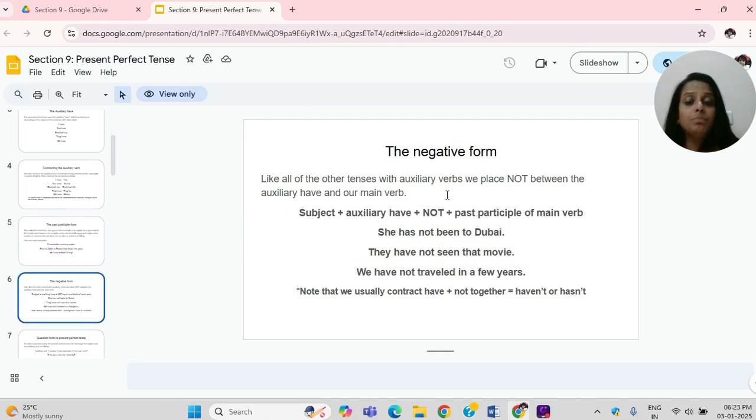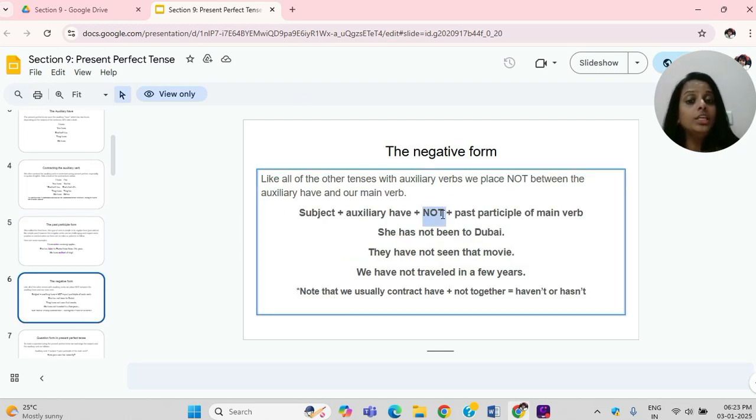And let's see how to make negative sentences using present perfect tense. So we just need to put not in between the auxiliary verb and the past participle. It's subject plus auxiliary have plus not plus past participle of the main verb. Example, she has not been to Dubai. So here not is placed between the auxiliary verb has and past participle been.